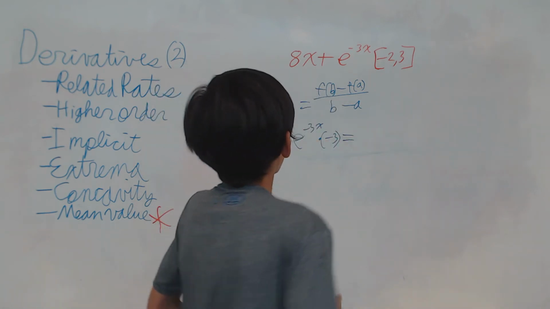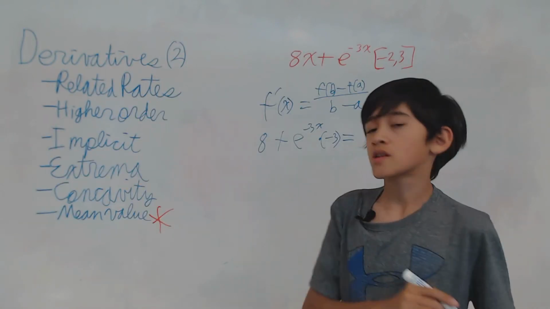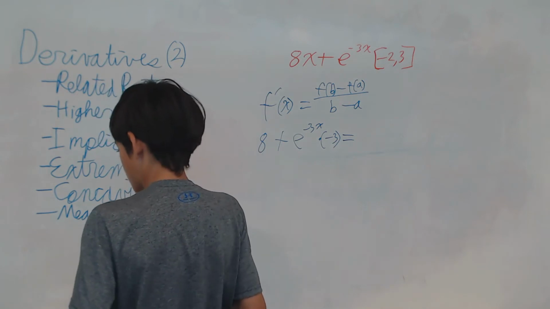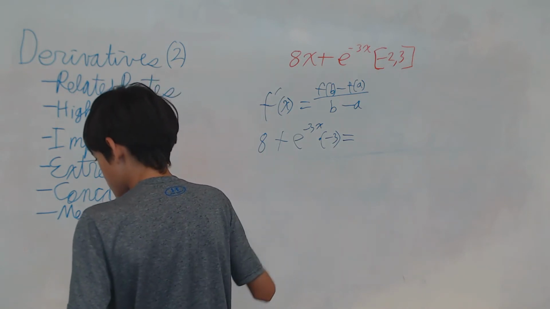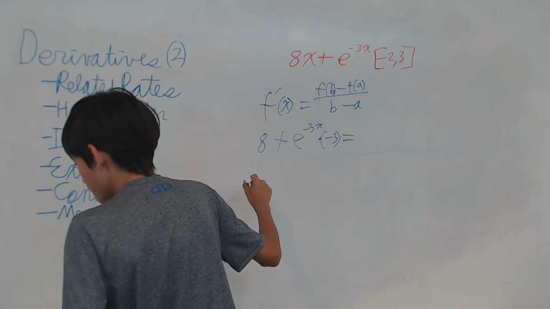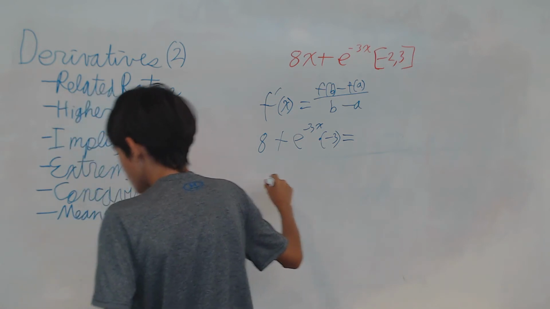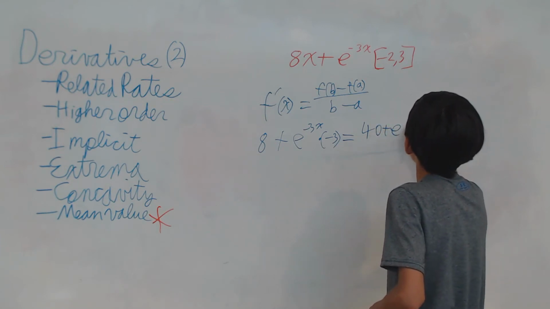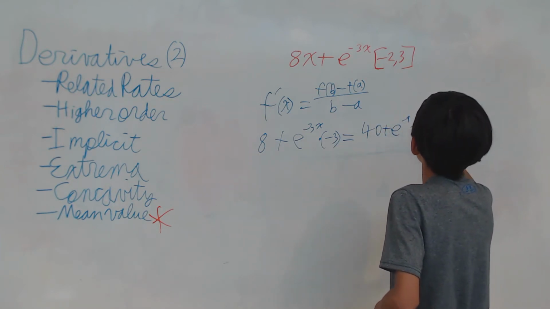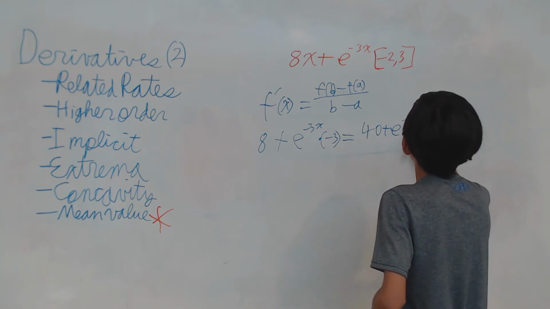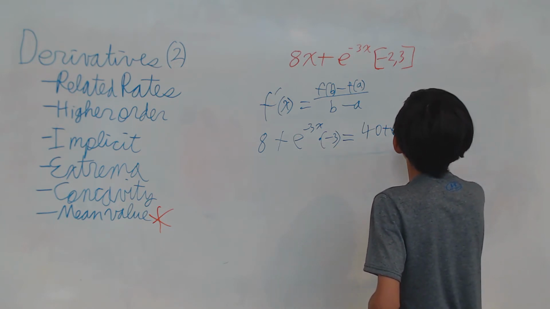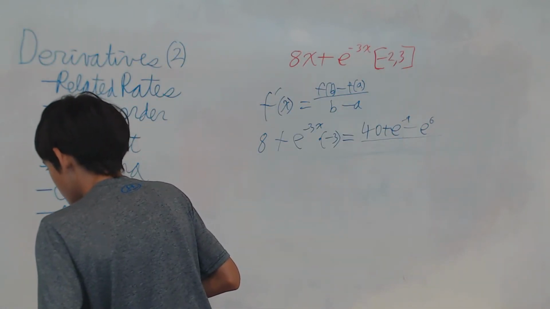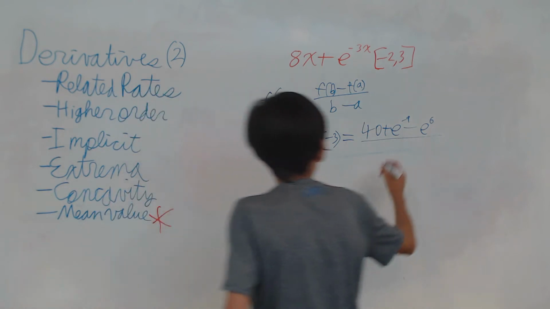All right. Now this second part should be easy. I'm just going to write it on the board. We're not going to calculate it because we don't have the time to do that. So that would be about 40 plus e to the negative 9 plus e to the 6 minus e to the 6, all over 3 minus negative 2, which would be 5.